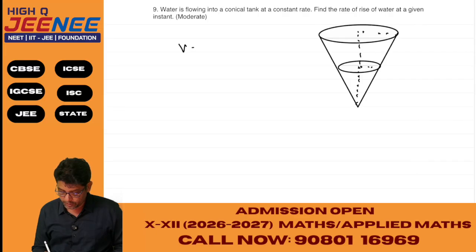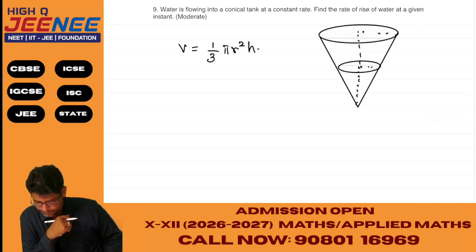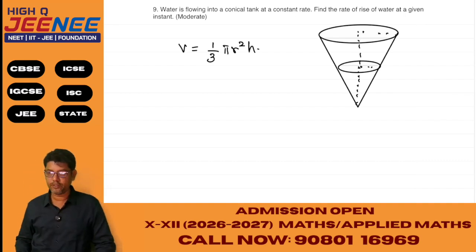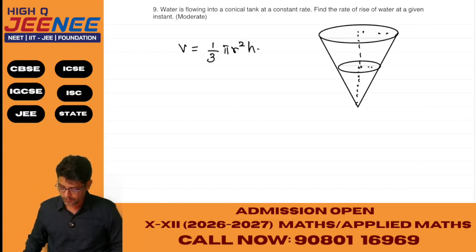Now the volume of the cone is equal to 1 by 3 pi r square h.